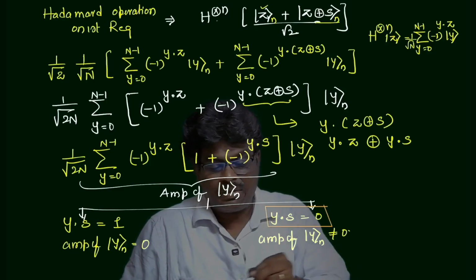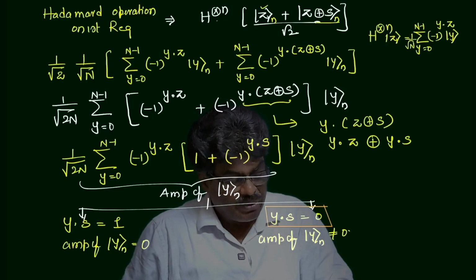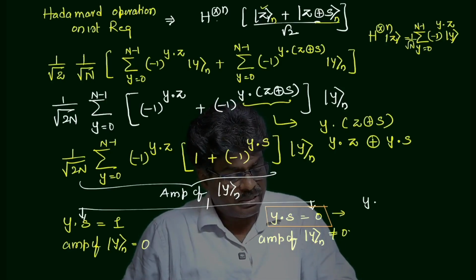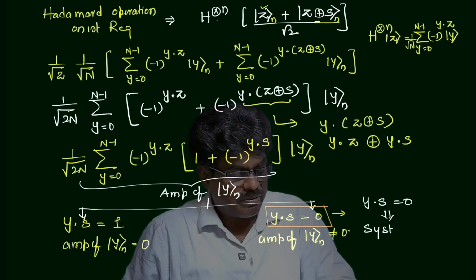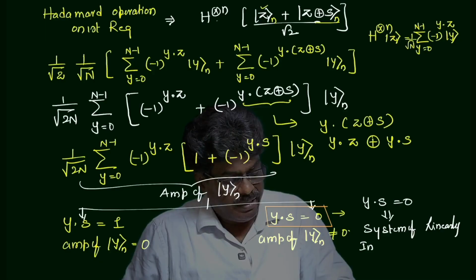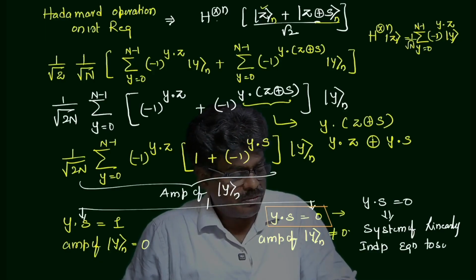So that equation is giving you a system of linear equations. This y·s equal to 0 gives a system of linearly independent equations to solve.